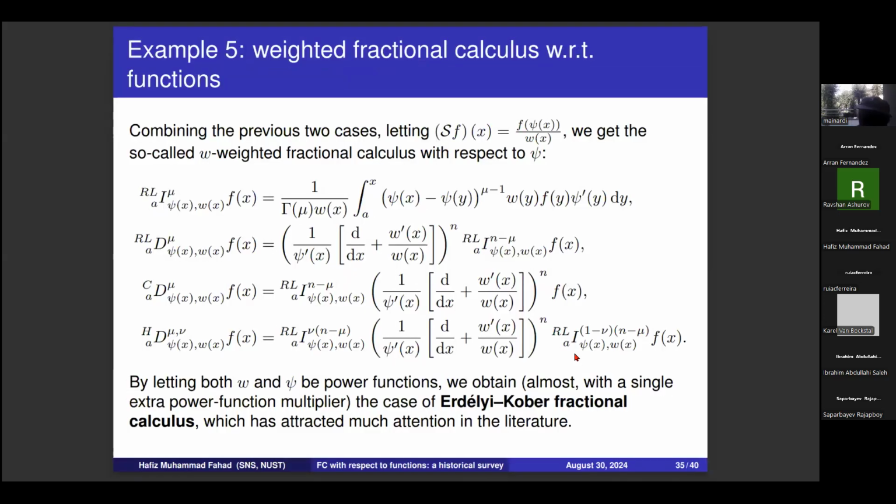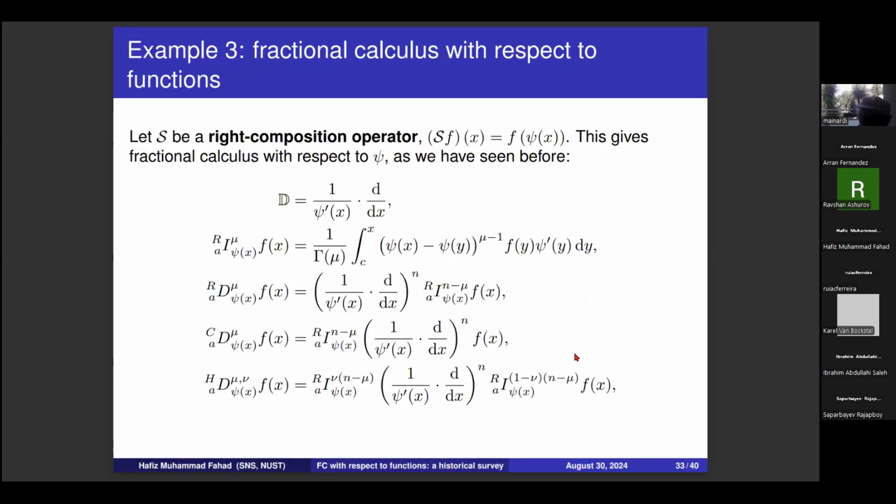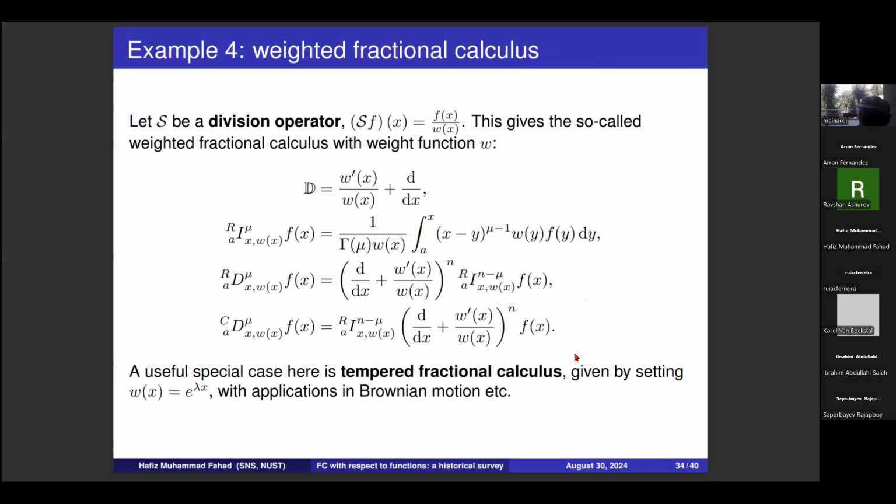And finally, we have the example of weighted fractional calculus with respect to functions, combining the previous two cases, that is, the case of division operator and the case of right composition operators.